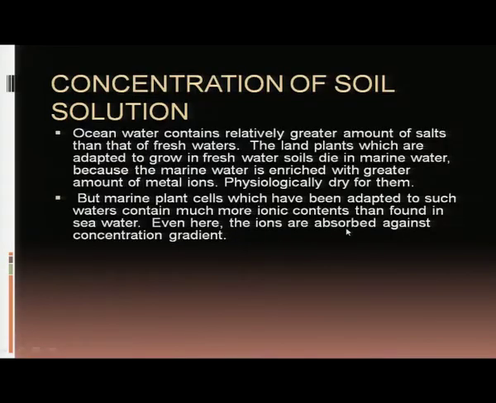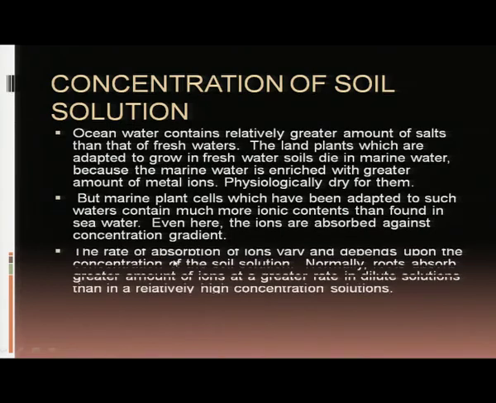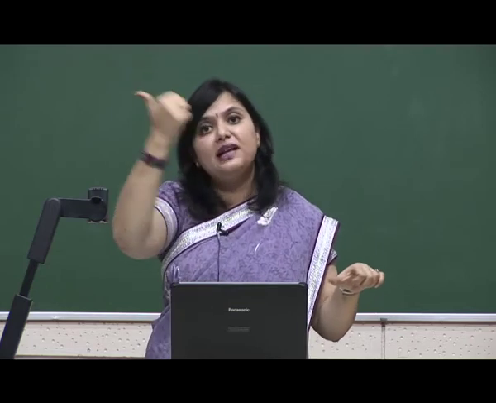Even here the ions are absorbed against the concentration gradient. The rate of absorption of ions varies and depends on the concentration of the soil solution. Normally, roots absorb greater amounts of ions at a greater rate in dilute solutions than in relatively high concentration solutions. Obviously, the steeper the concentration gradient, the faster the absorption will take place.